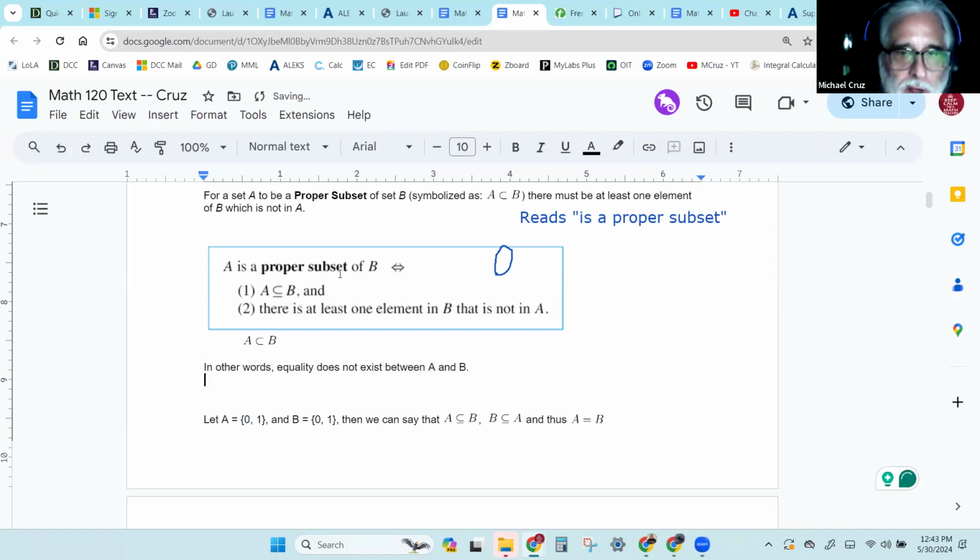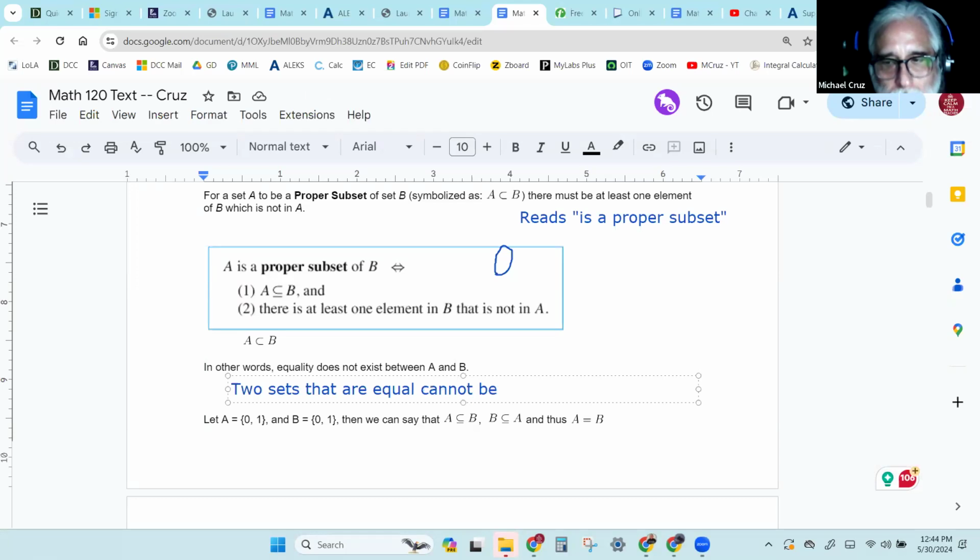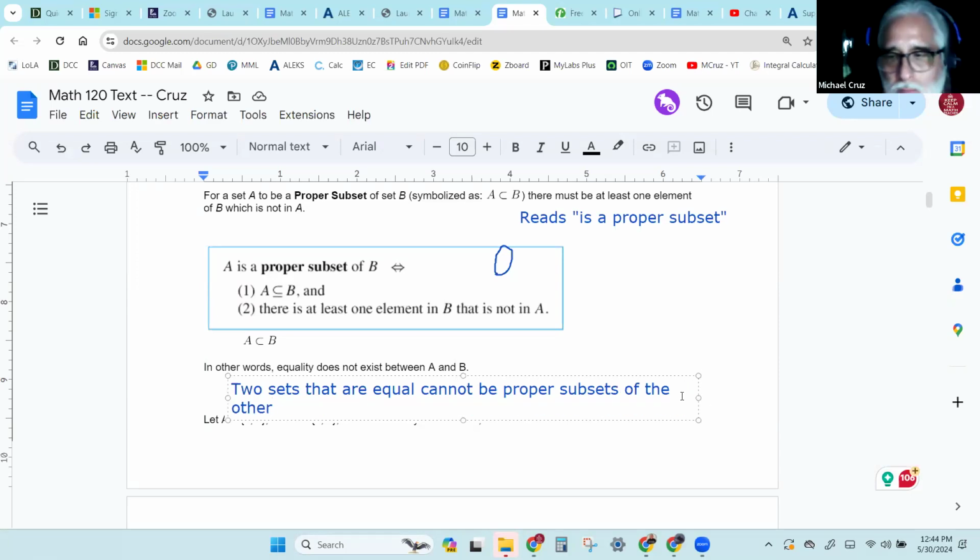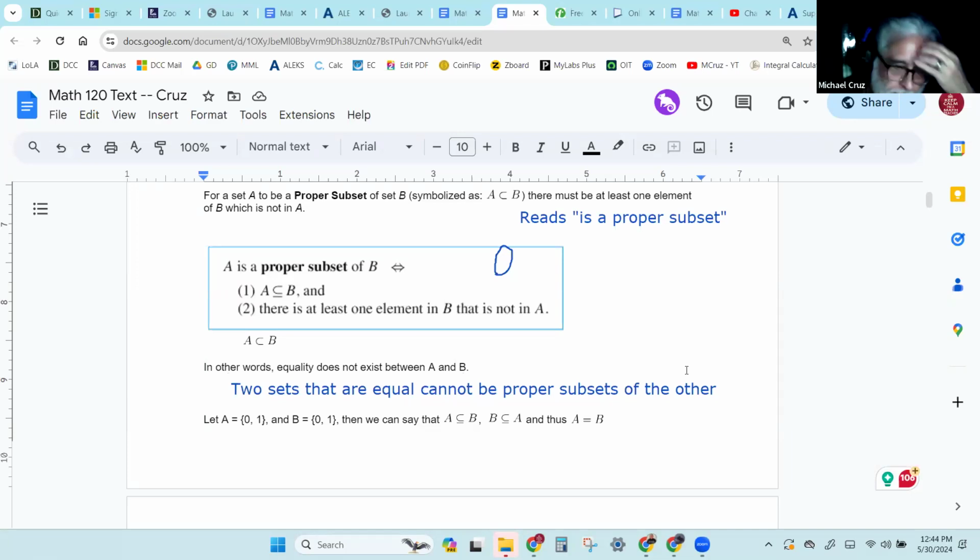And I'll just put this as a note. Okay, so that's really the difference.